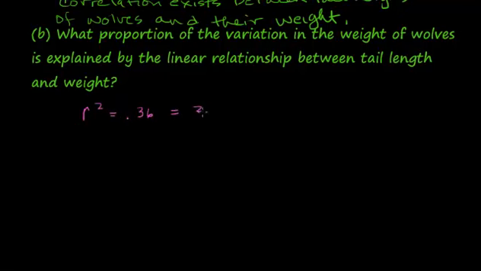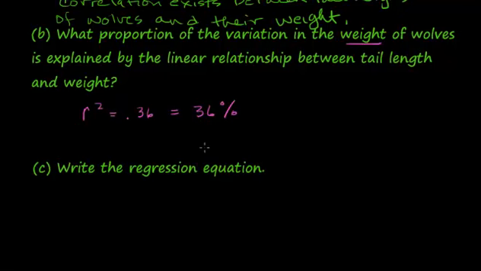Which means 36% of the variation in weight is explained by this linear relationship between tail length and weight. So we've found that there really isn't a strong linear relationship, and we're not surprised to see this small percentage of the variation being caused by that linear relationship, or explained by that linear relationship.